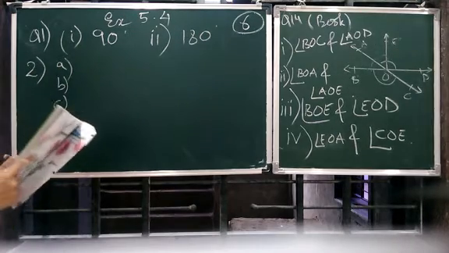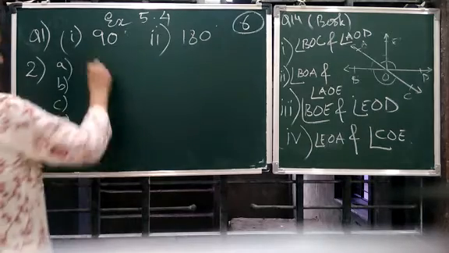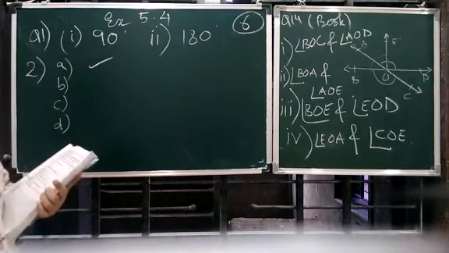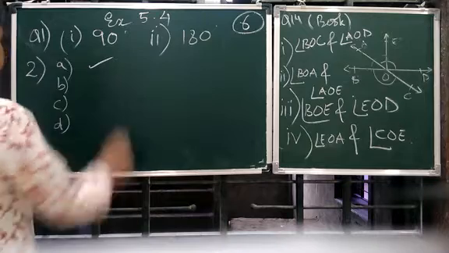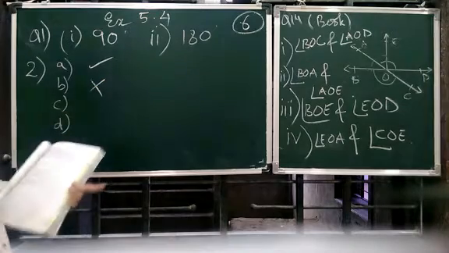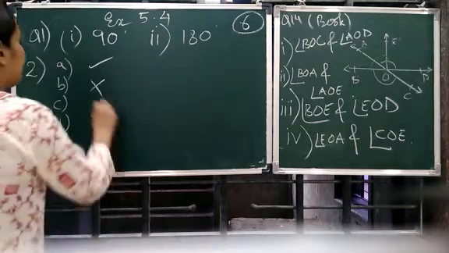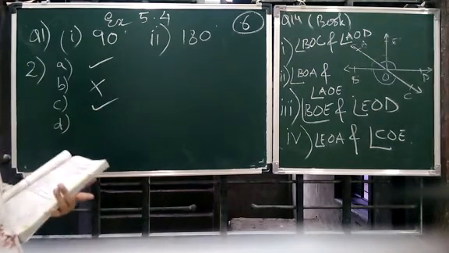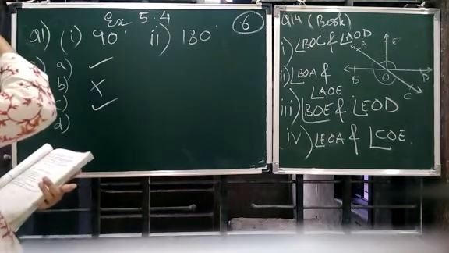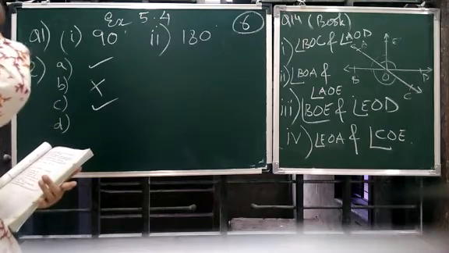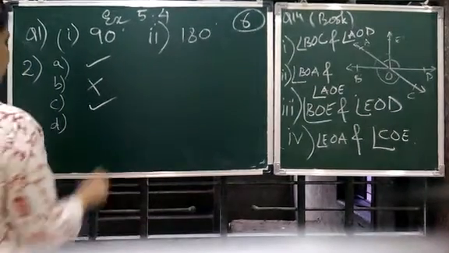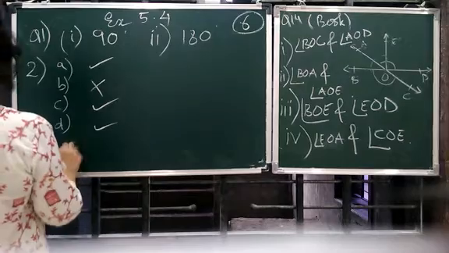Measure of an acute angle is less than 90. True. Measure of an obtuse angle is less than 90. No, it's more than. Measure of a reflex angle is greater than 180. Yes. There is E also. Measure of one complete revolution is 360. Yes.